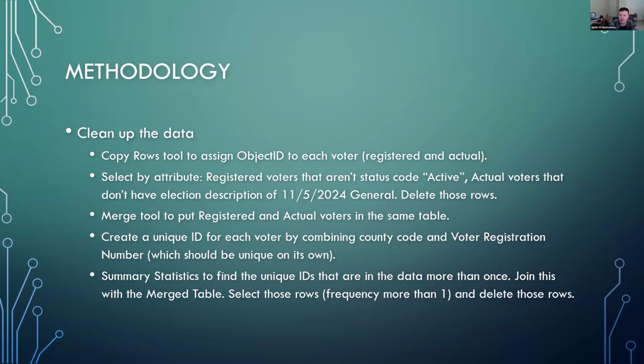So if they voted in 2012 but not 2016 or 2020, they wouldn't be included. For actual voters, it's a big database of every election since 2020, so I filtered it to just the 2024 general election and deleted everything else.